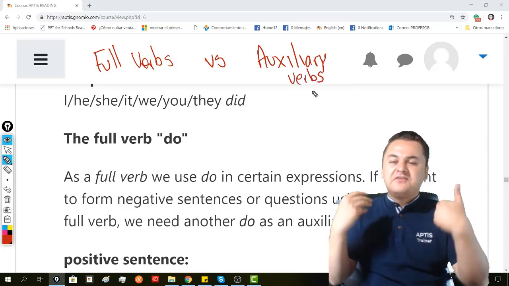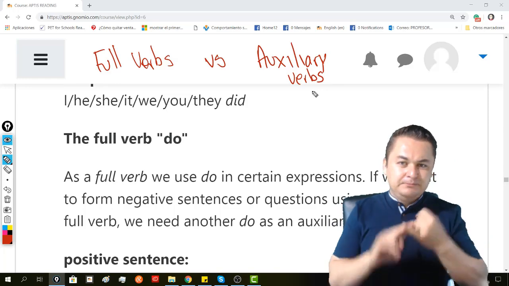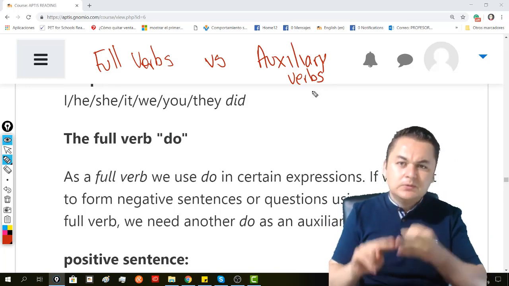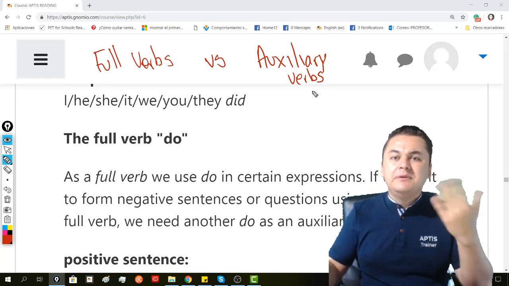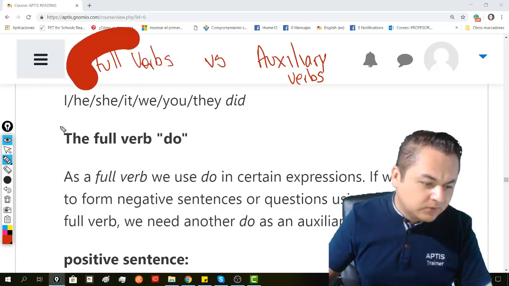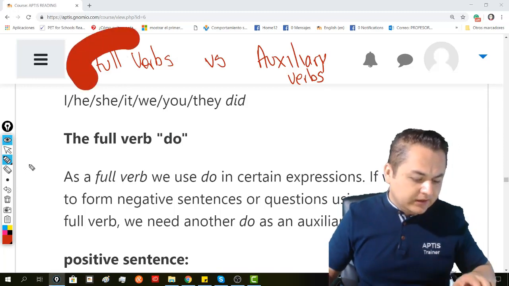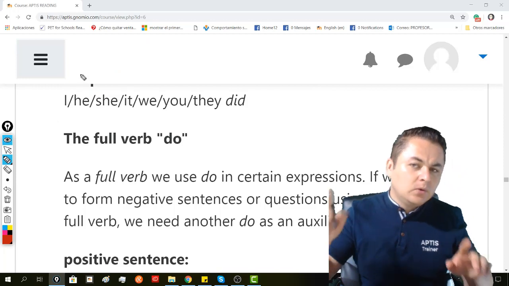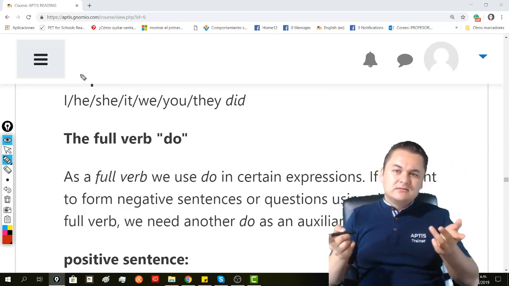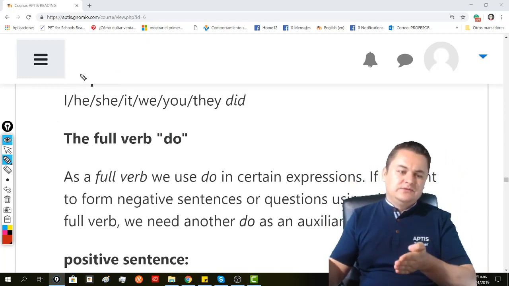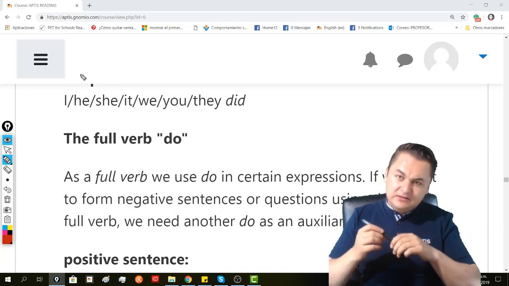So, the three verbs I just mentioned, be, do, and have, can be used either as full verbs or as auxiliary verbs. So this is the difference.